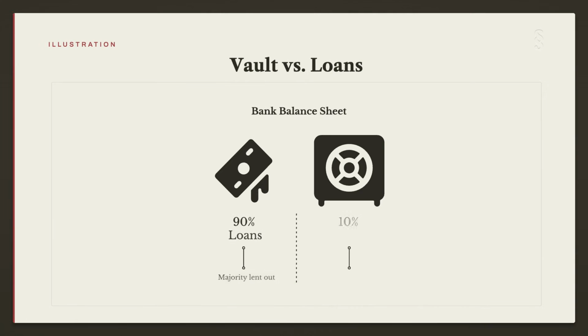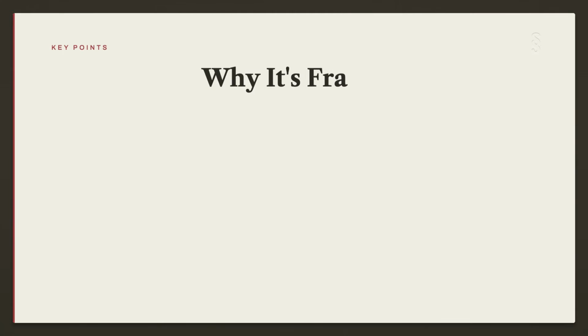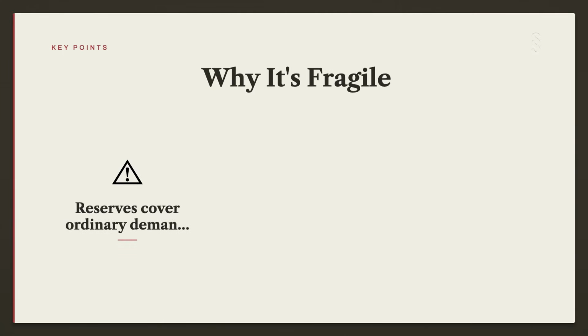Only a small slice of deposit stays in the vault. The rest becomes loans. That transforms idle savings into working capital, expanding credit far beyond the physical stock of money and financing growth that otherwise couldn't happen. The trade-off is structural. Reserves are sized for normal withdrawals, not a stampede, so the whole system depends on depositor confidence.